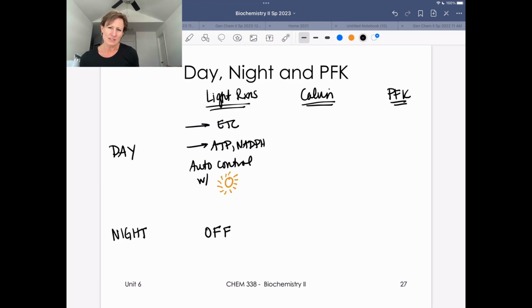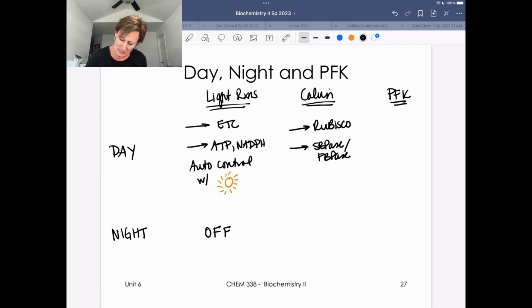Let's talk about the Calvin cycle. We want the Calvin cycle to be active during the day, and we want there to be the activation of Rubisco, and the activation of those SBPase and FBPase enzymes, because at the end of the day, we want to be activating the synthesis of carbohydrates, okay?